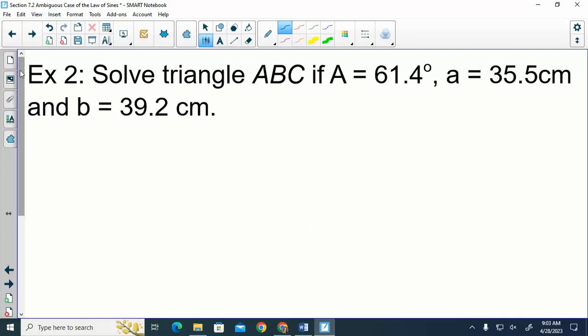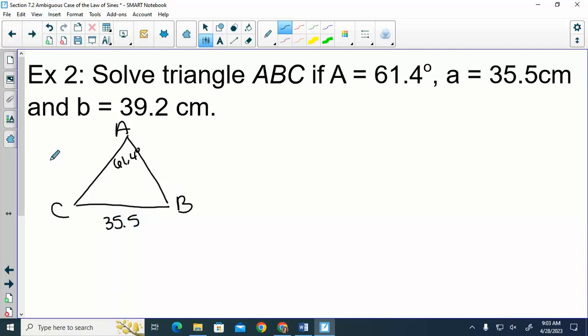Solve triangle ABC. If A is 61.4 degrees, side A is 35.5 centimeters, and side B is 39.2 centimeters. Let's just draw a picture. A is 61.4, side A 35.5, side B is 39.2.